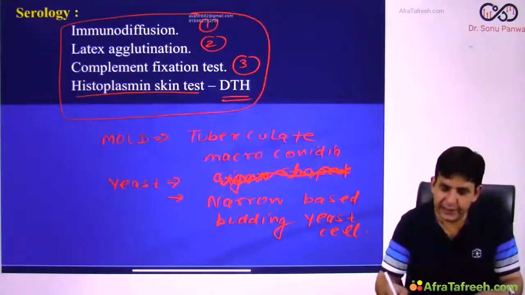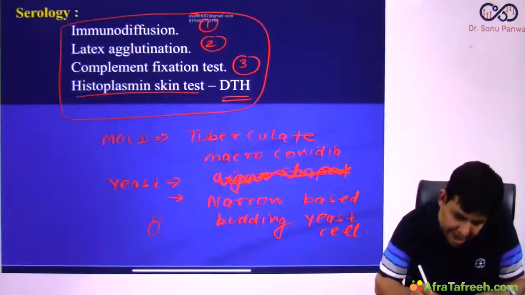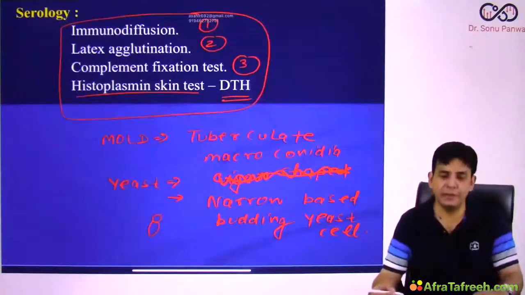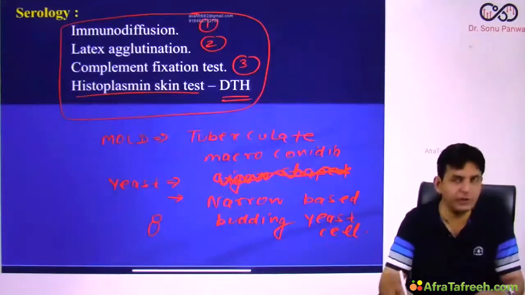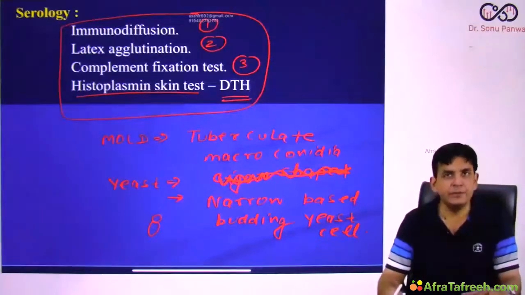So narrow based budding yeast cell is observed in this particular one. And tuberculate, I have already shown you the picture. It looks like a sunflower.